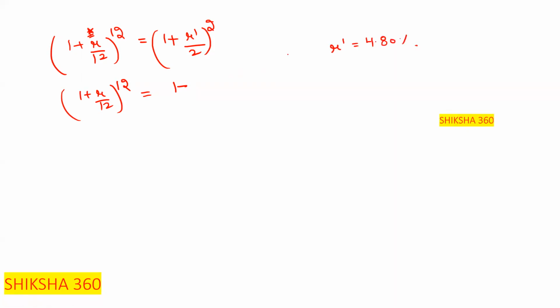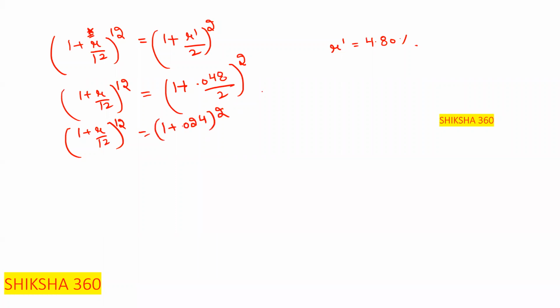So 1 plus r upon 12 power 12 is equal to 1 plus 0.024 power 2, that is 1 plus 0.024 squared.